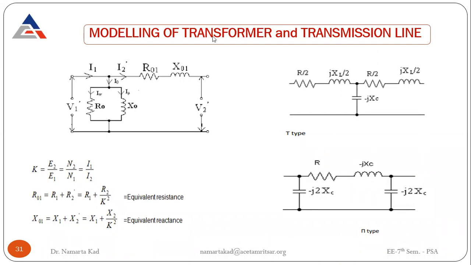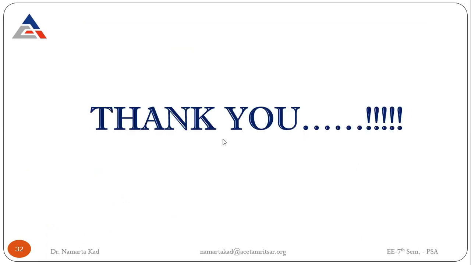We can represent the transformer as a simple reactance, and the transmission line also with a simple reactance, and we ignore these resistances and capacitances, and we are left with only these reactance calculations. So this is the modeling for the transformer and transmission lines, and how these are represented while drawing the reactance diagrams or impedance diagrams. Okay, thank you.